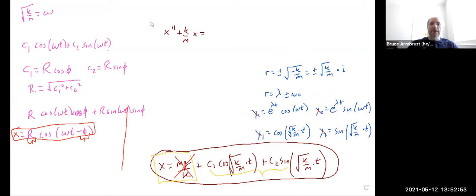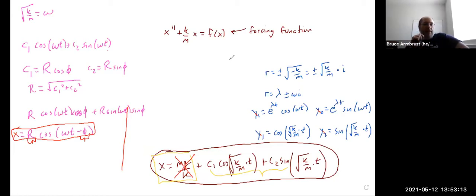I'm just going to call it for right now f of x. And this is very often called a forcing function because it's going to be something else that's sort of driving the motion.